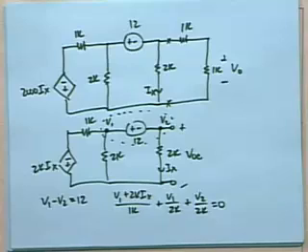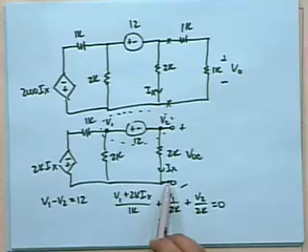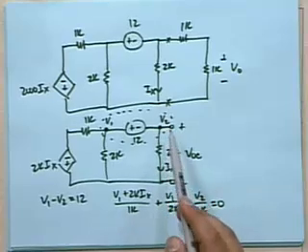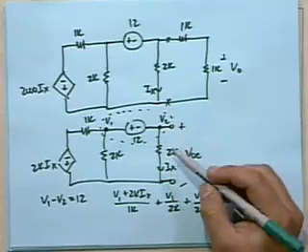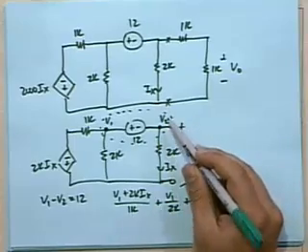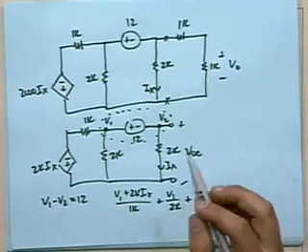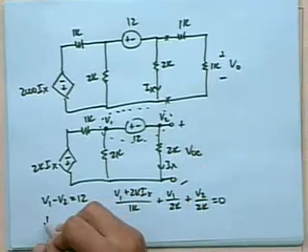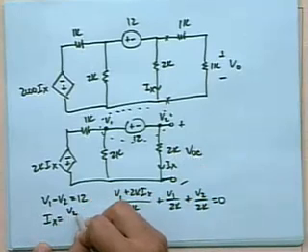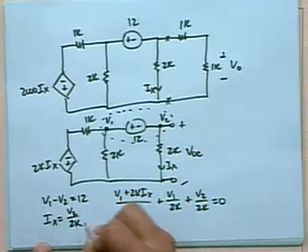Last thing that we need to do is quantify what Ix is in terms of one of our other circuit parameters. Easiest way to say that is, well, that's V2 over 2000, because the voltage across the 2K resistor is what we've called V2, and dividing it by the resistance will get us Ix. So Ix equals V2 divided by 2K.